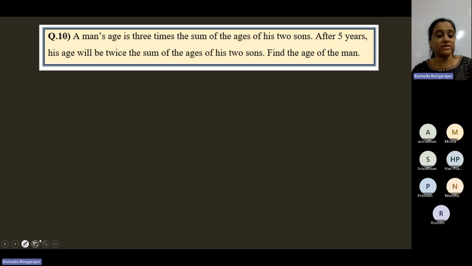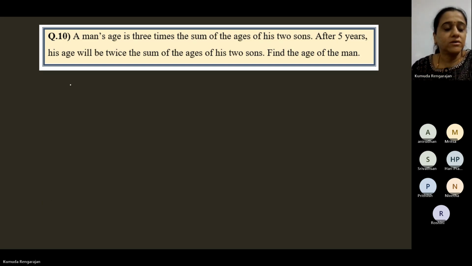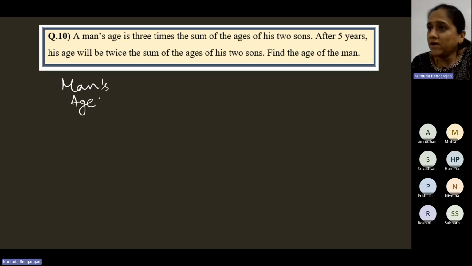So we don't have to find the sons' ages, we just have to find the man's age. So we'll not say let the age of one of the boys be X and the other boy be Y. No, we'll take only the sum of their ages.